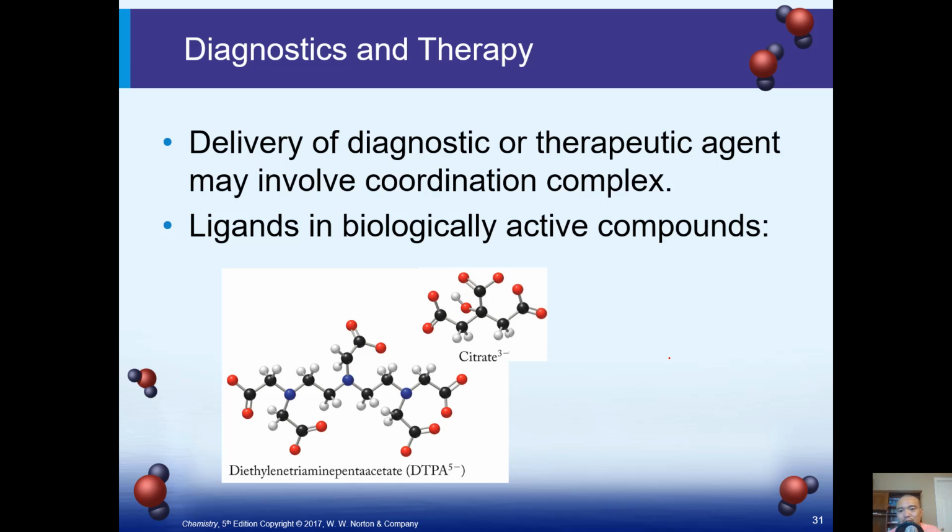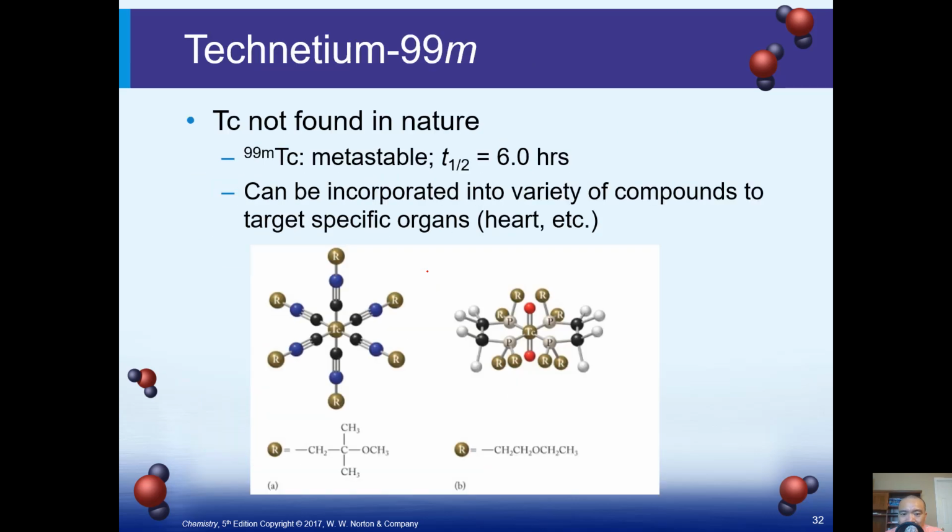Some of the ligands used in the formation of coordination complexes in the diagnostic and the therapeutic area are listed in this slide, as you can see over here. Medicinal chemists can take advantage of substances that occur naturally in the body, such as antibodies, to carry a diagnostic or therapeutic metal ion to the target.